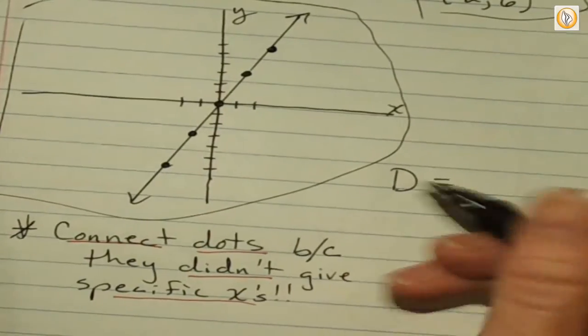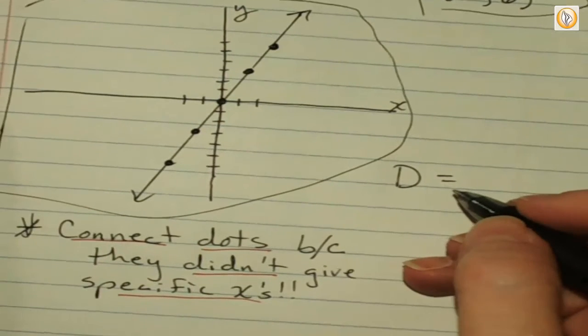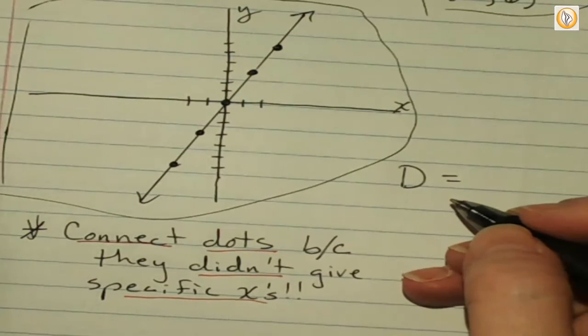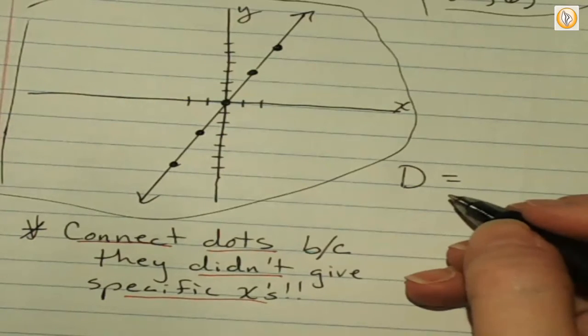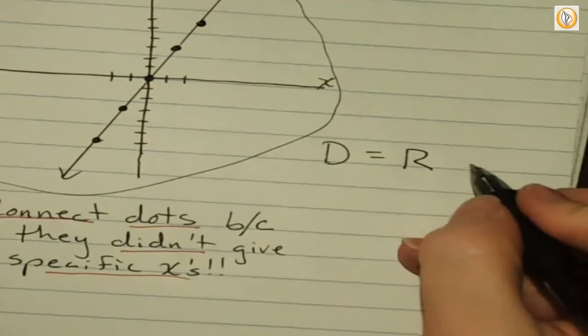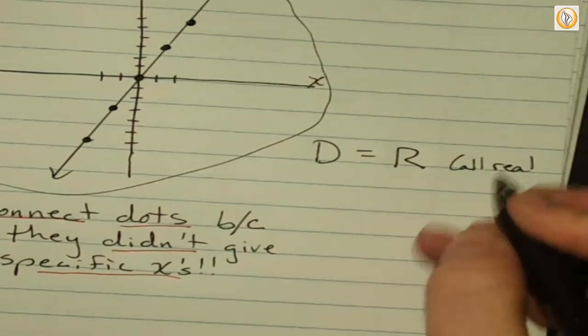So then what is the domain for this specific problem? Anyone want to guess? Well, that's what we're looking for. What are they? Anything, and we write that as a big R, meaning all real numbers.